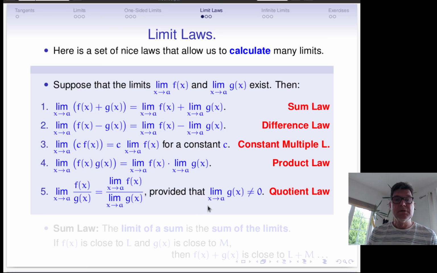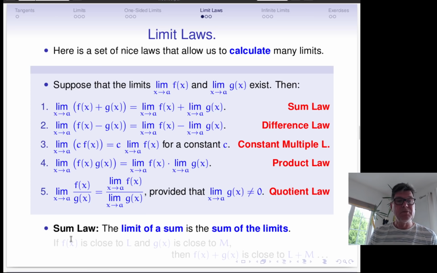And that's the limit laws, which allow us to use these arithmetical operations of addition, subtraction, multiplication and division to compute limits of more complex expressions from known limits.